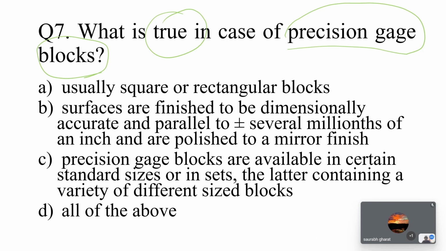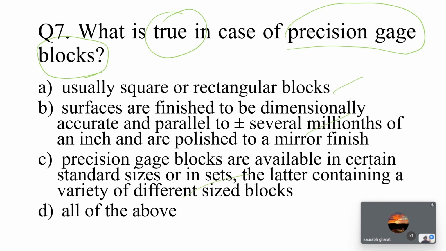Usually rectangular blocks, it's actually the correct answer. Surfaces are finished to be accurate and polished, and precision gauge blocks are available in certain standard sets containing a variety of different styles. So all of them are actually correct.